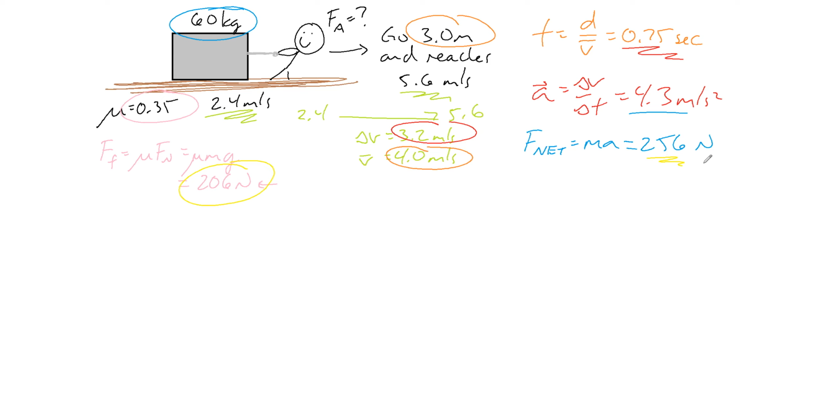That's why it's the net force. So to find out how much he's pulling with, I'm going to add those two forces together. His applied force must be the 256 and the 206 put together, which gives me about 462 newtons. He's losing 206 to friction, which then leaves him with the 256 as the net force. So he's got to be pulling with 462 newtons.